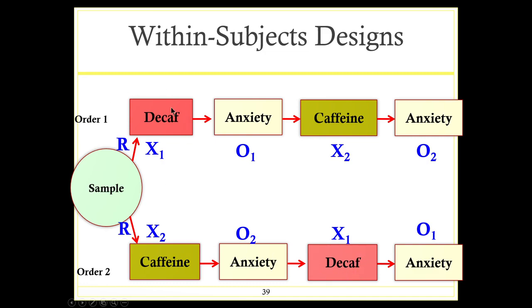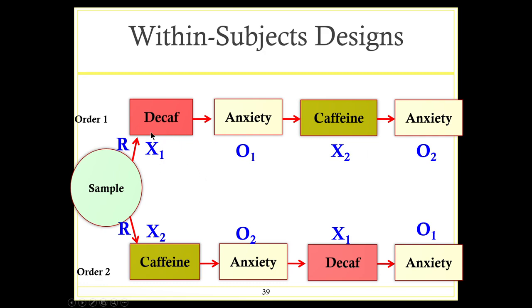So in both conditions, participants from the sample are just randomly assigned to order 1 and order 2, right? Because we've got 2 treatments, you have a total of 2 types of orders. Then you randomly assign participants to one of these orders.